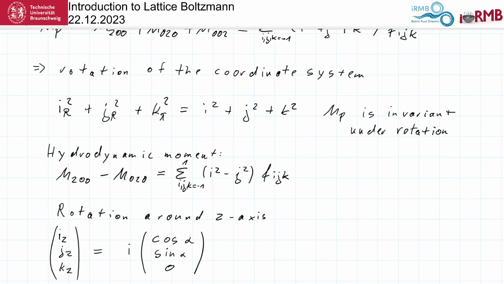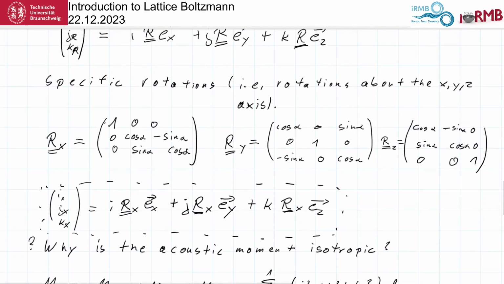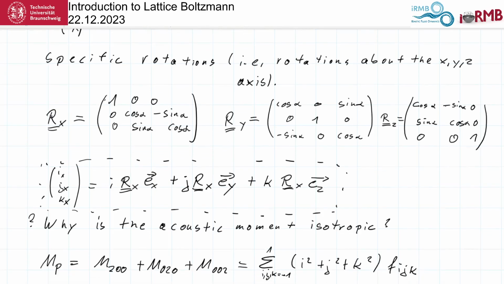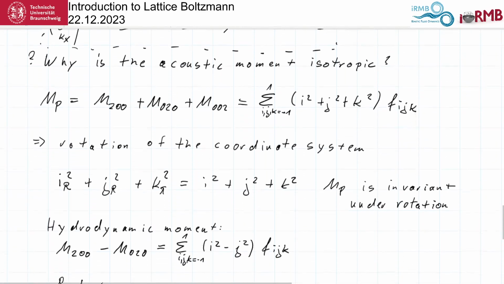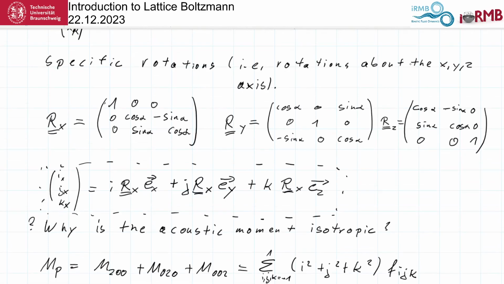You get this by multiplying the rotation matrix that we have up here with the vector 1, 0, 0, so in the first line you get cosine alpha, in the second line you get sine alpha.